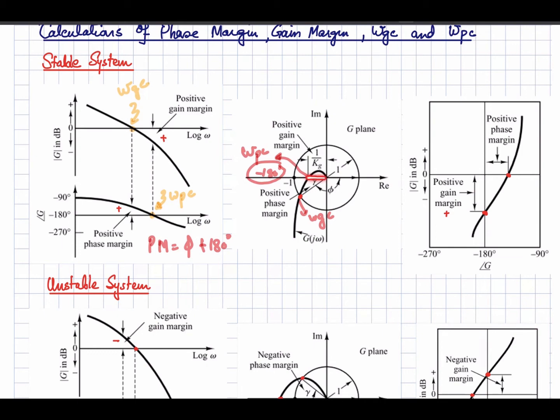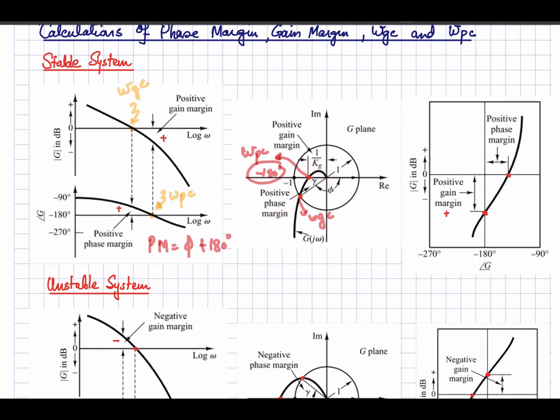The magnitude of your transfer function at this frequency is this one. So 1 by that magnitude is basically the gain margin, and it gives you the information about how much variation you can have in your gain such that your system is stable, and its magnitude is within this range, minus 1.